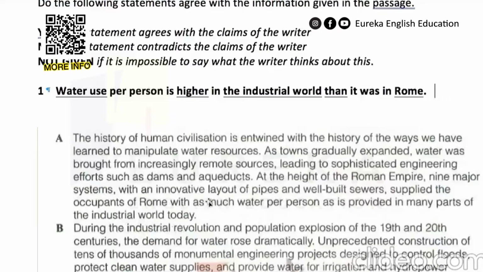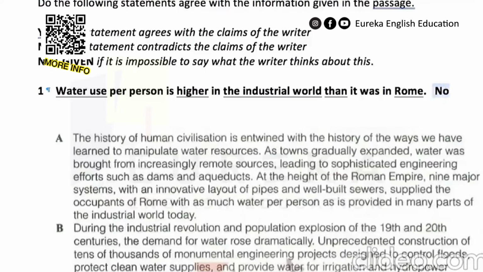I think this is the keyword: as much water per person as, which means the water use in the industrial world and in Rome is just as much. So it's not higher or even lower. That's why we can say there's a contradiction between the statement and the passage. That's why I would say this question is no.